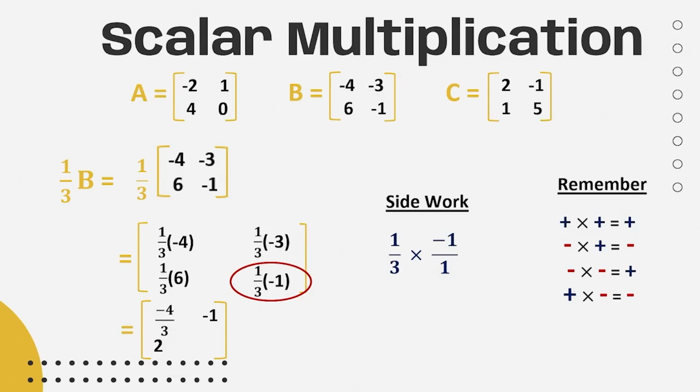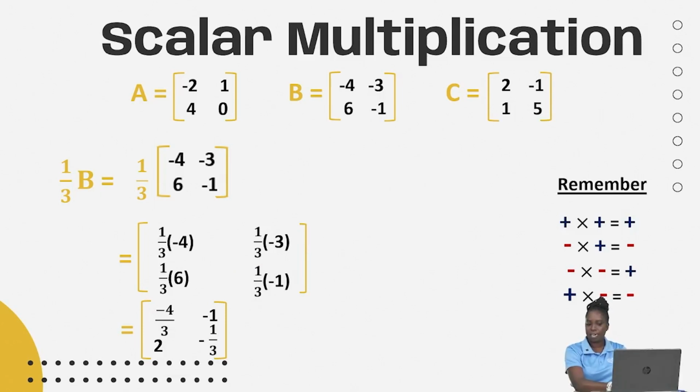Can we simplify, cancel anywhere? No, we can't, right? So we just multiply across the numerator and across the denominator. And so we have 1 times negative 1, which is negative 1, and 3 times 1 is 3, so negative 1/3 is our answer. You'll notice that sometimes we can get portions of our answers as fractions.